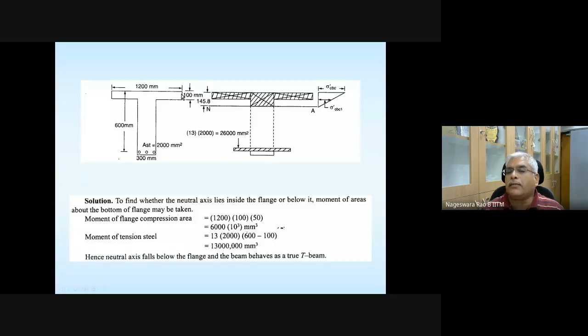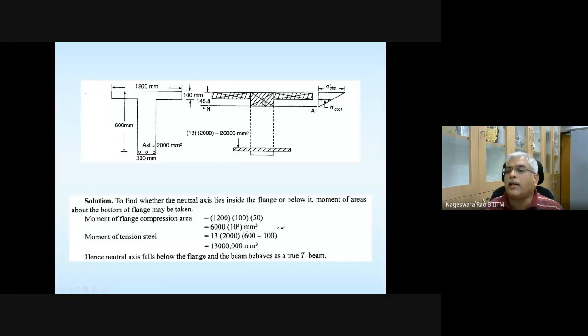Sorry, 100 is the thickness of this flange, so the centroid lies from the top at a distance of 50 mm. So the distance of the centroid of this rectangle from the neutral axis is going to be n minus 50. So, using that, you can find the moment of this compression area.